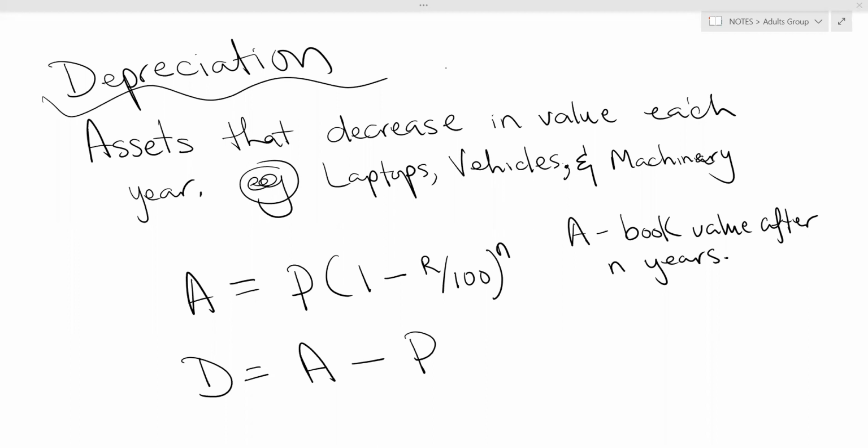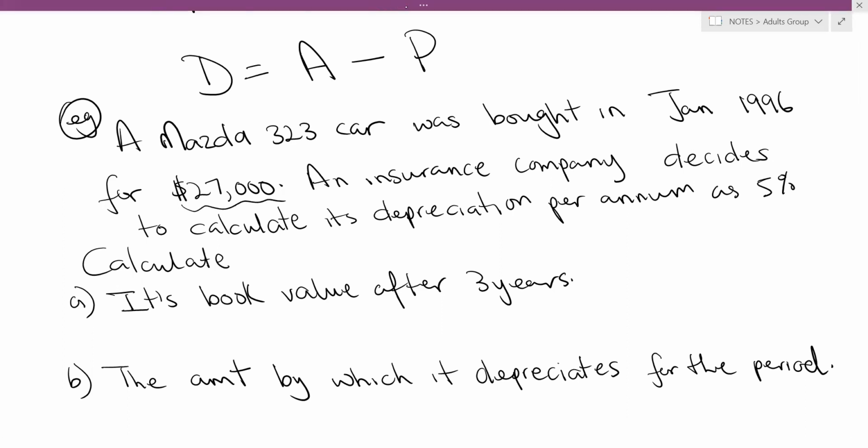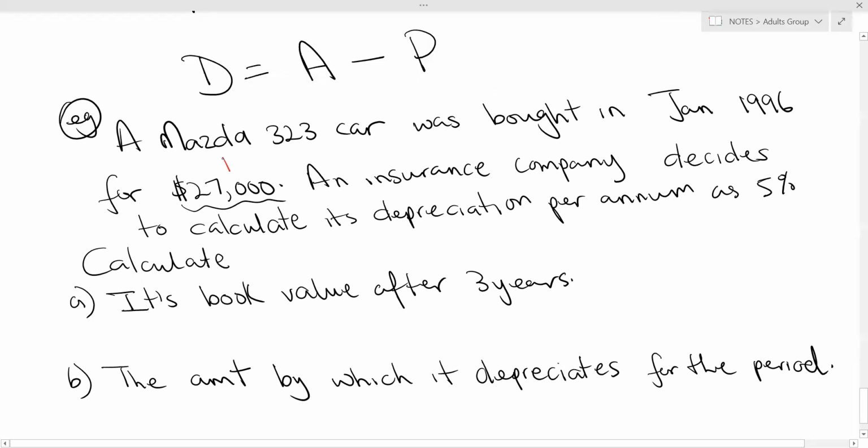Let's get into an example of depreciation. A Mazda 323 was bought in January 1996 for $27,000. So that's the principal. An insurance company decides to calculate its depreciation as 5%, as the rate.